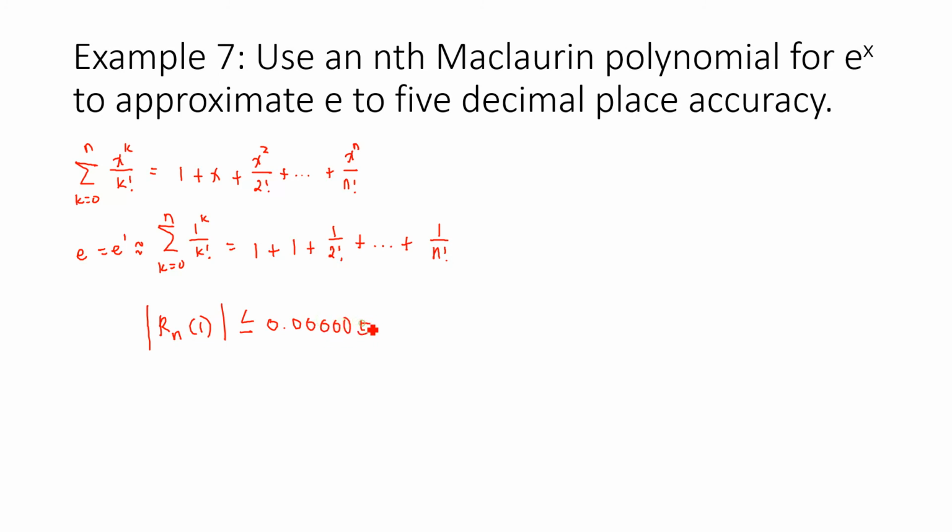So we determine n. We use the remainder estimation theorem with f of x equals e raised to x, where x is equal to 1 and x sub 0 is equal to 0, in the interval 0 to 1.